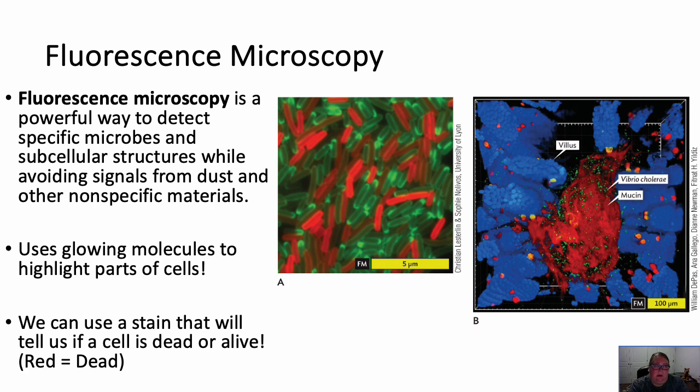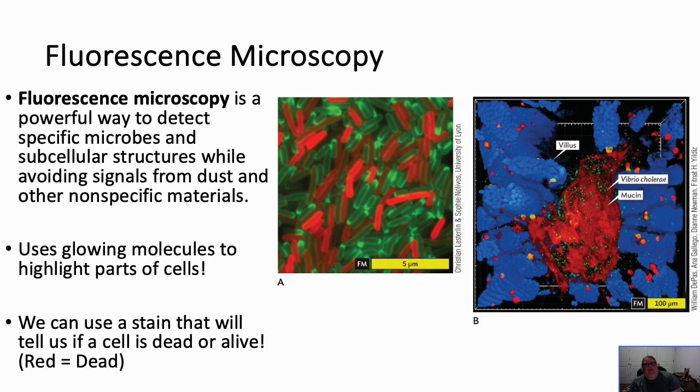It's also powerful because it detects specific microbes and sometimes different subcellular structures like DNA, but it also removes the background noise. So we won't get any signals for things like dust or non-specific materials. They're kind of excluded from the microscope slide and from what we're viewing with the fluorescent microscope.